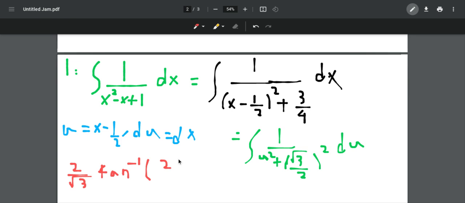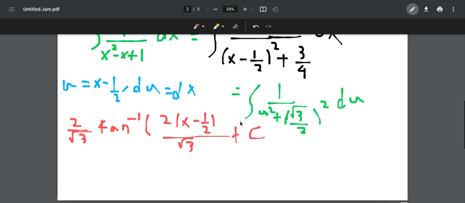So this would be 2 times x minus 1 over 2, divided by root 3. And then plus C at the end, which will be the answer to this question.